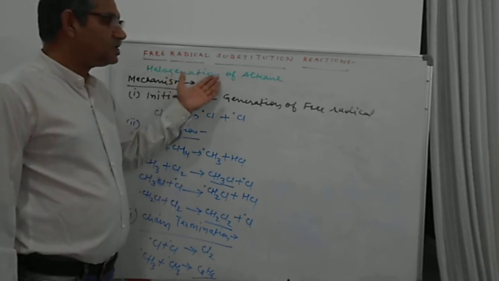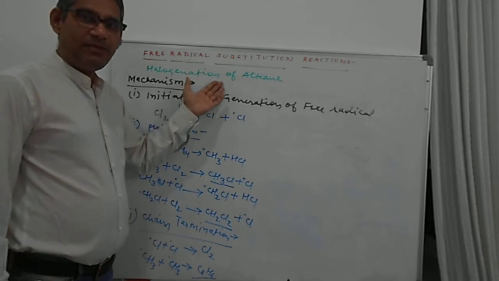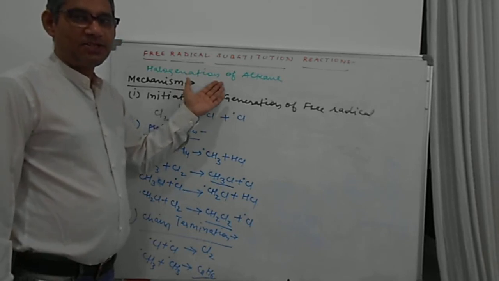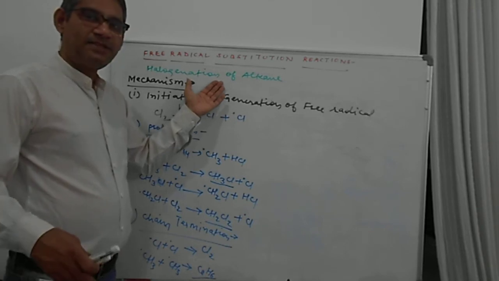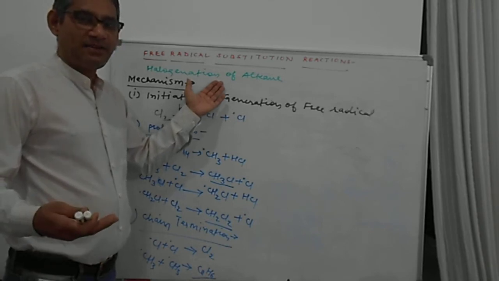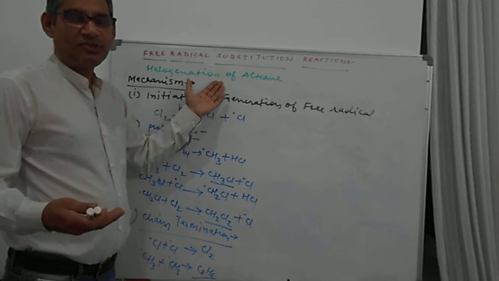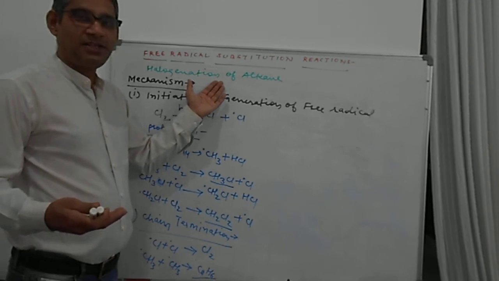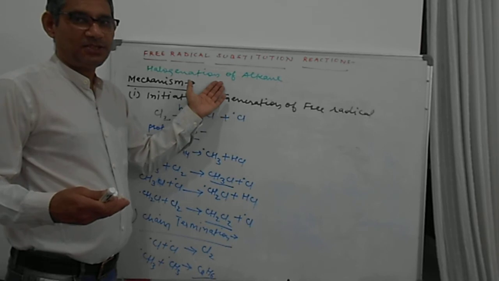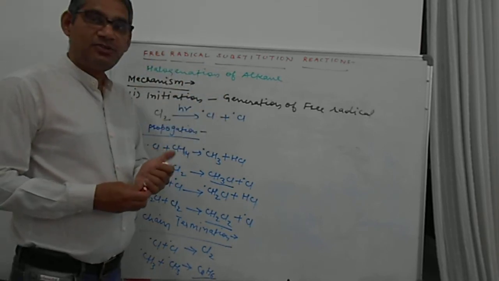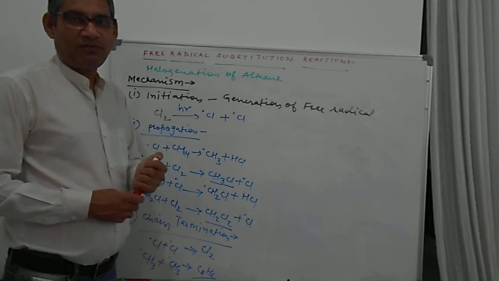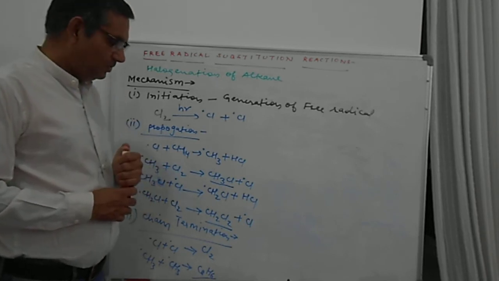Since loss of hydrogen is there, it is called a dehydrogenation reaction, that is an oxidation reaction. And since Cl or halogen is added, it is called halogenation or chlorination reaction, that is also an oxidation reaction. So you can say free radical substitution reaction, that is halogenation of alkane, is an example of oxidation reaction also.